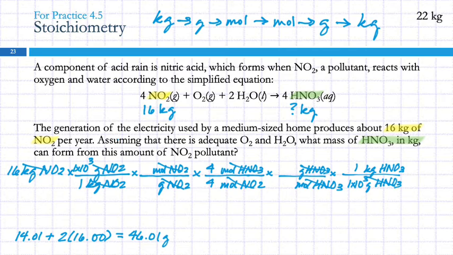And then HNO3, 1.008, 14.01, and 3 times 16, which is 63.018.